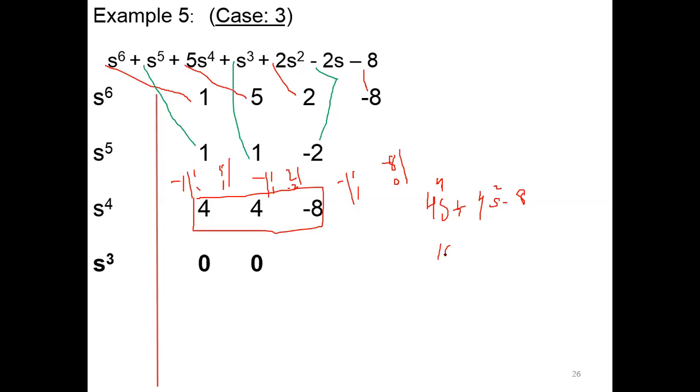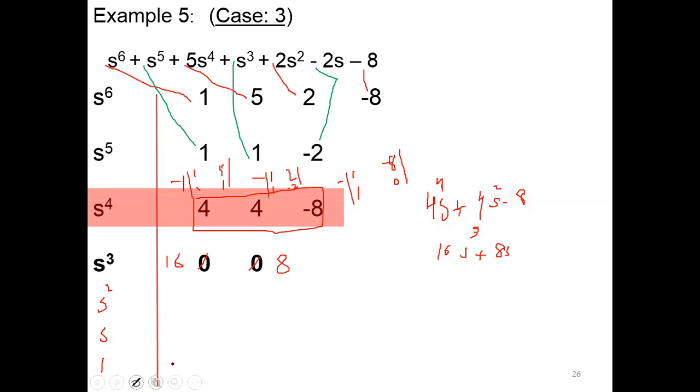So 16s cube plus 8s. So 16 will be replaced here and 8 will be replaced here. Now we will solve our next terms, s square, s raised to the power 1, s and 1.